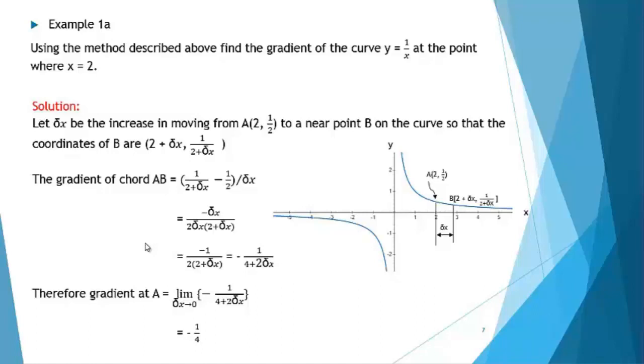And by dividing the top and the bottom by delta x, the answer becomes negative 1 over 2 bracket 2 plus delta x. By taking off the brackets in the denominator, we get 4 plus 2 delta x as the denominator. Therefore, the gradient at A equals the limit of negative 1 over 4 plus 2 delta x, where delta x tends to 0. So the final answer for the gradient at A equals negative 1 over 4.